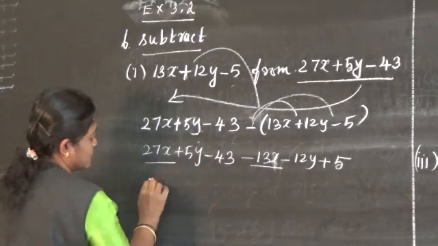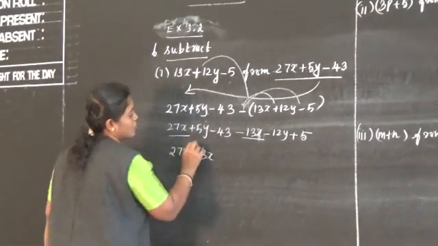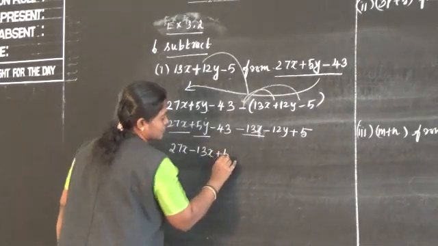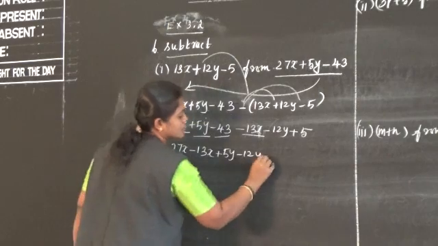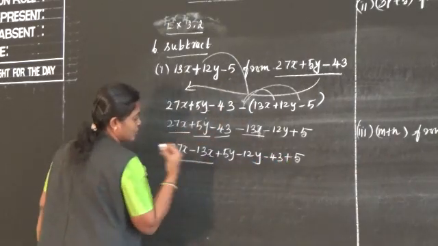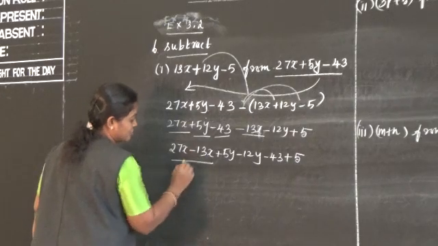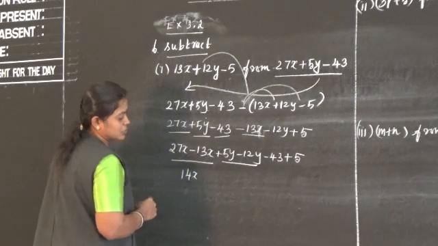First I'll take x, so 27x minus 13x. Now y: plus 5y minus 12y. Now the constant terms: minus 43 plus 5. Now subtracting these two, 27 minus 13 is 14x.